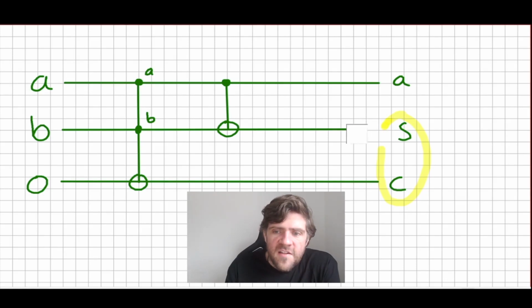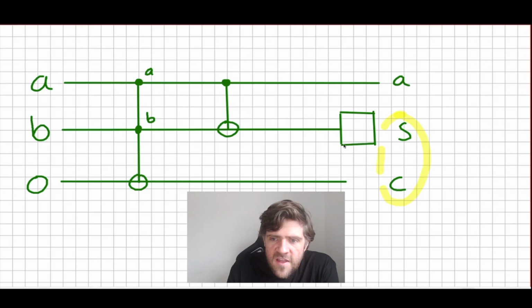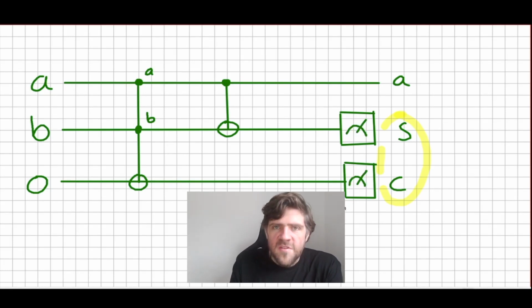So let's make a little space at the end here, and that will give us enough space to insert our measurement operations. A measurement operation is denoted by a box, and inside that box we have a rudimentary picture of a measurement device.